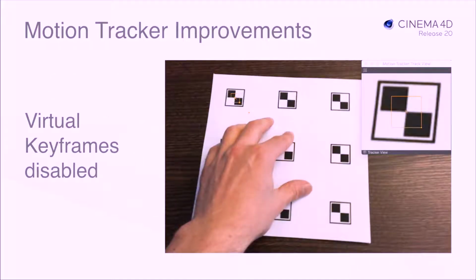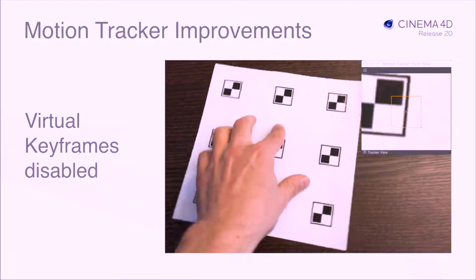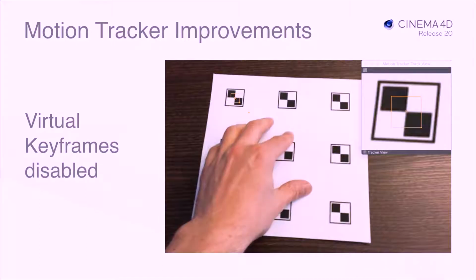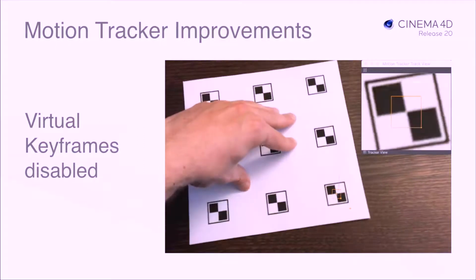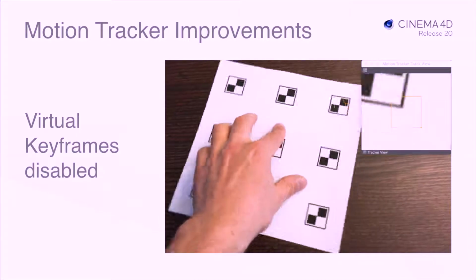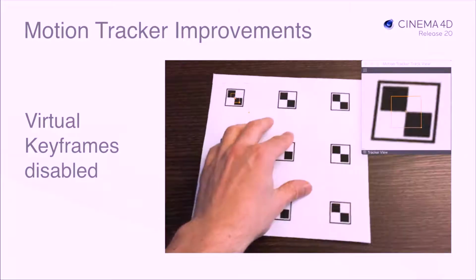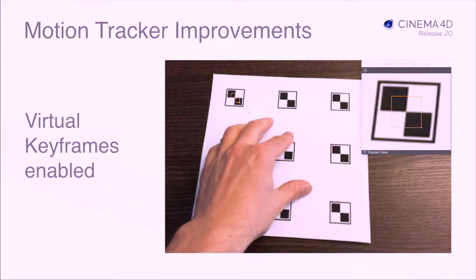Okay, with virtual keyframes disabled, this is what it goes through when it gets to a case like this, which is quite difficult for a tracker. So it can keep up with the rotation and then snaps to other places in the footage. With virtual keyframes enabled, we get this.